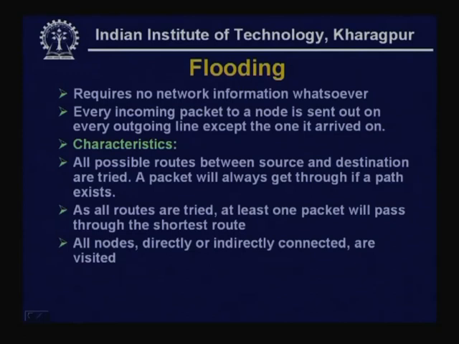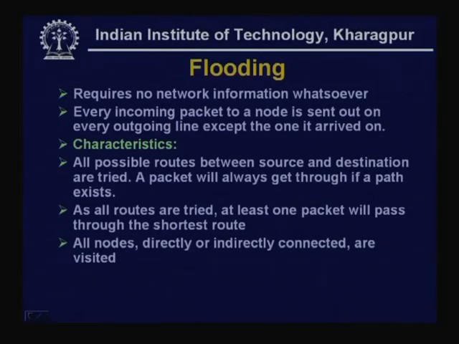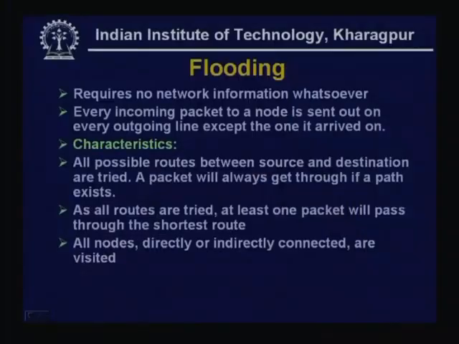has some important characteristics. All possible routes between source and destination are tried. A packet will always get through if a path exists. The first important characteristic is that all possible routes from source to destination are tried, because the packet is visiting all the nodes and explores all of them, and as a result if a path exists it will always get through.